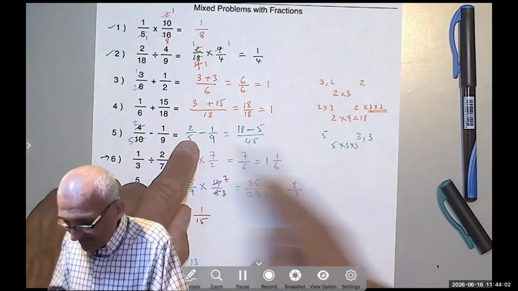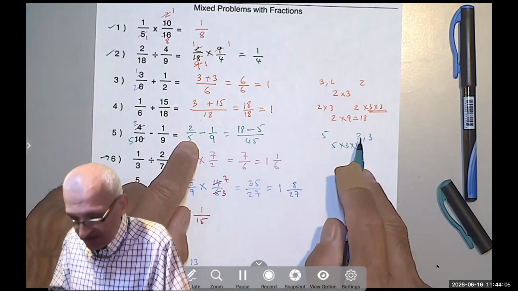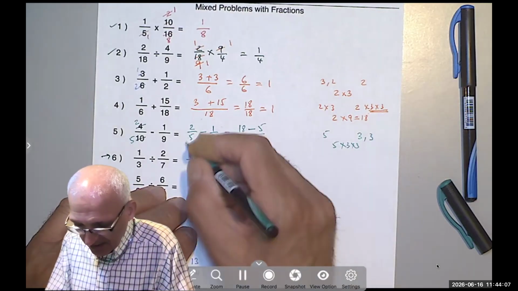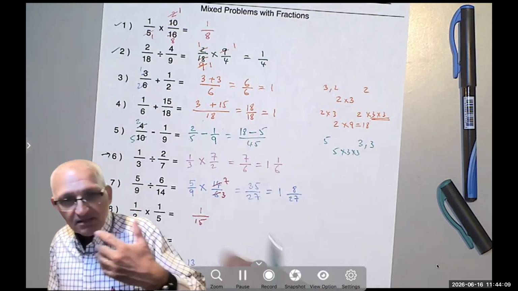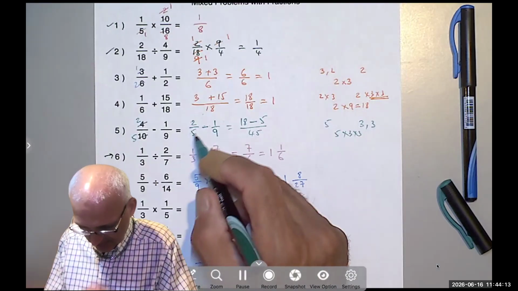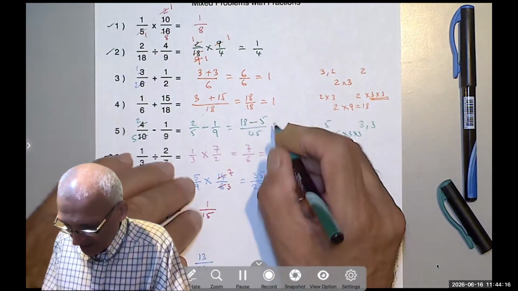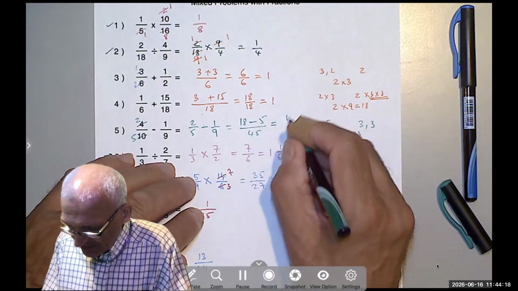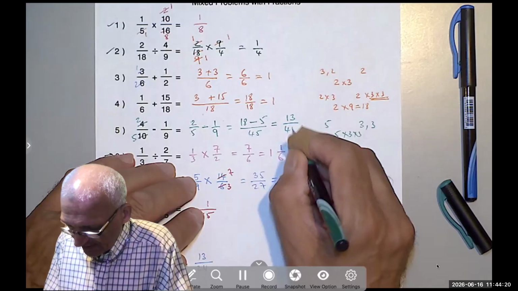If they don't have anything in common, an easier way is just multiply, like we did the butterfly. So you say 9 times 2 minus 5 times 1. 18 minus 5 is 13. Over 45 is the answer.